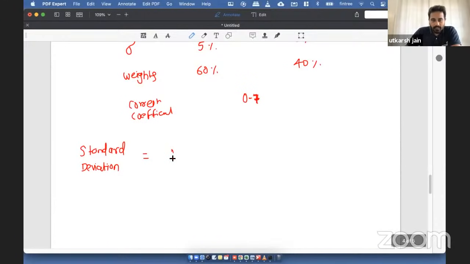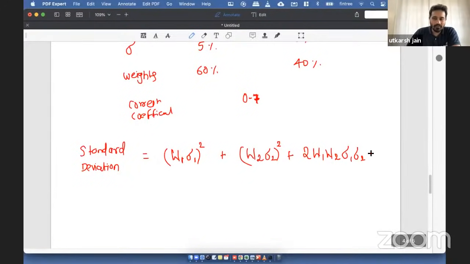The formula is weight of asset 1, whatever that asset is, HDFC maybe, multiplied with standard deviation of asset 1, squared, plus weight of asset 2, standard deviation of asset 2 squared. I'm intentionally doing it slow. I want to give you some time to let the formula sink in. Multiplied with 2 into weight 1 into weight 2 into standard deviation 1, standard deviation 2.